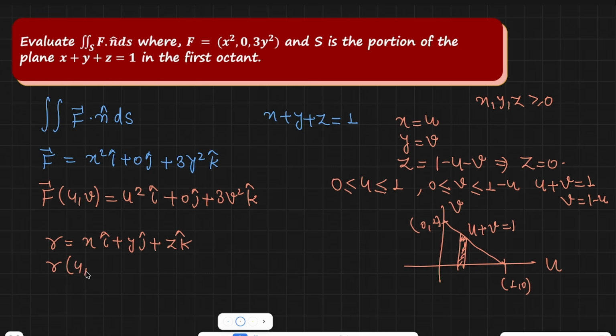So r of uv, put the values of x, that is u i cap plus v j cap, and 1 minus u minus v k cap.